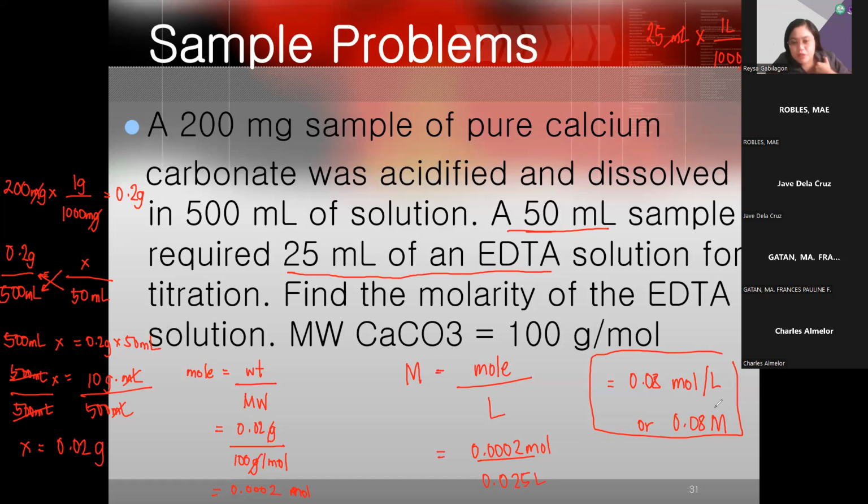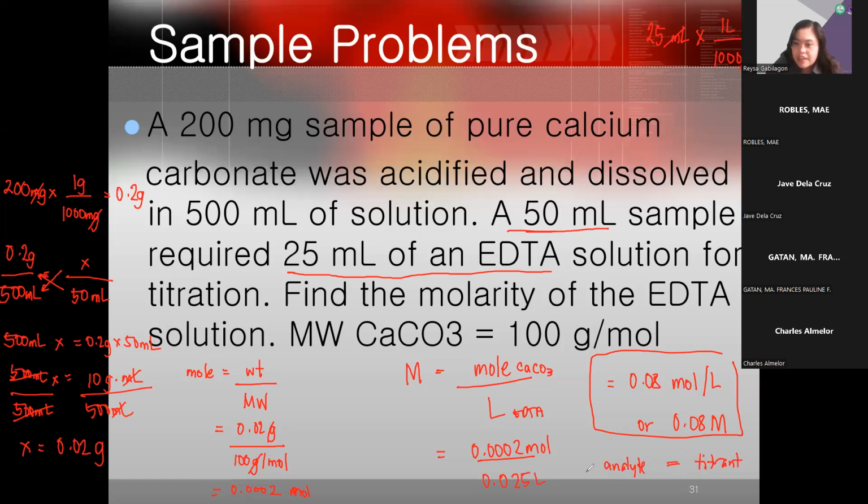Do not be confused, because remember, the moles is supposedly for the calcium carbonate, right? And this one is for the EDTA. But remember, in titration, class, we have the so-called equivalence point. It's the point wherein an equal amount of the analyte has also reacted with the titrant.